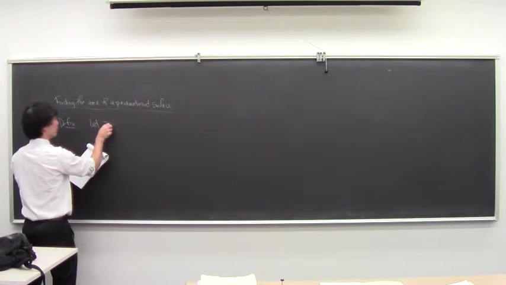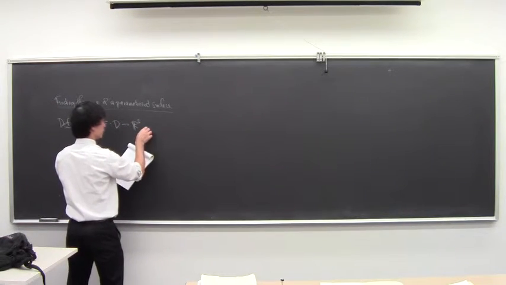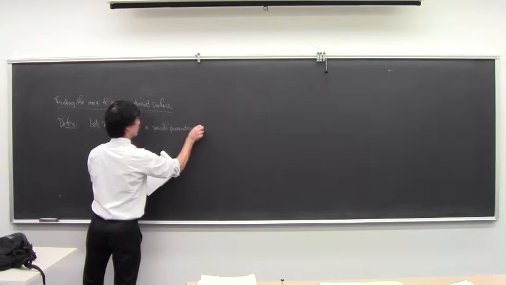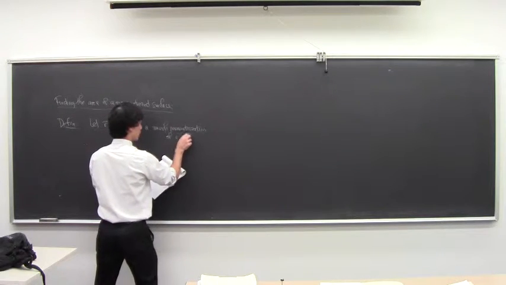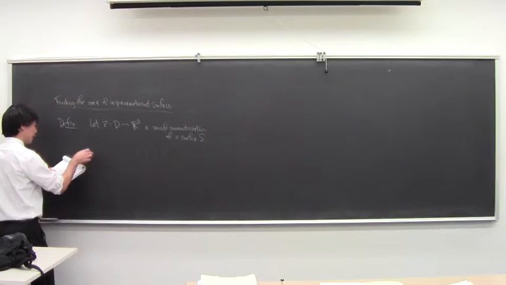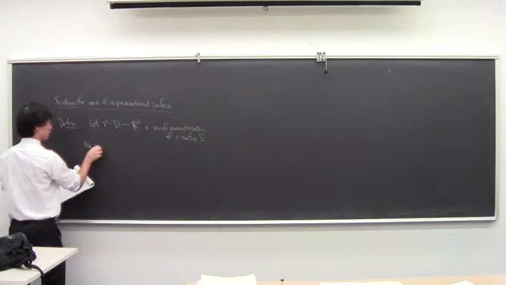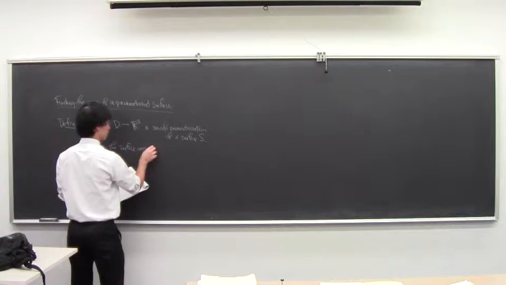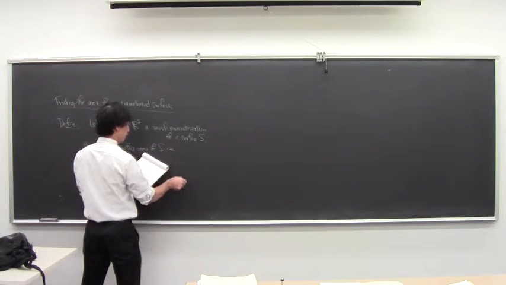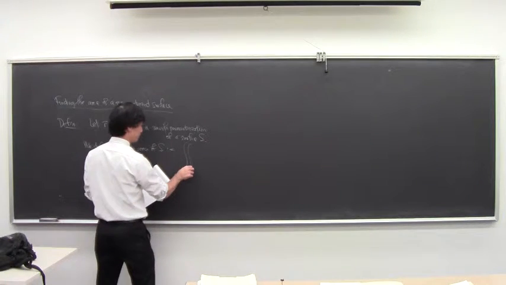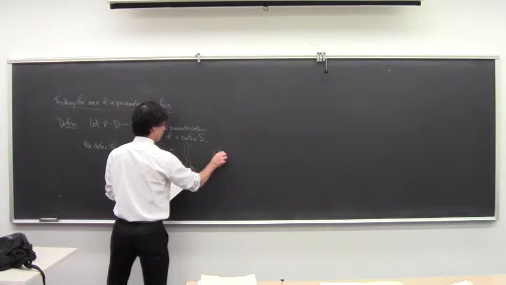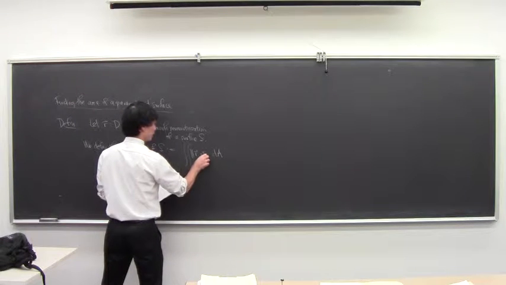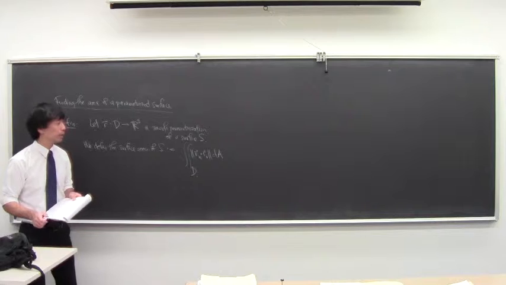So if you have a smooth parametrization of a surface S, then we define the surface area of S to be the integral over the domain of the magnitude of the partial with respect to the first variable crossed with the partial with respect to the second variable.